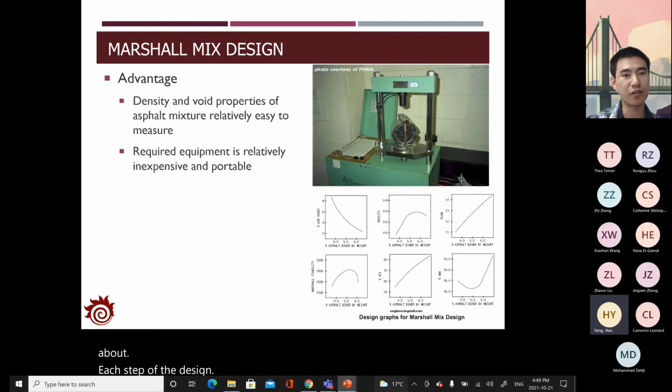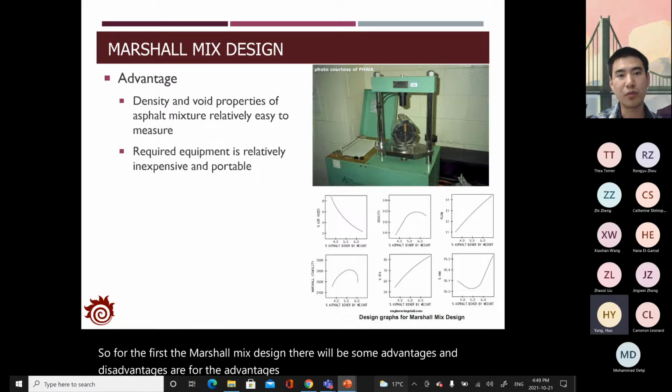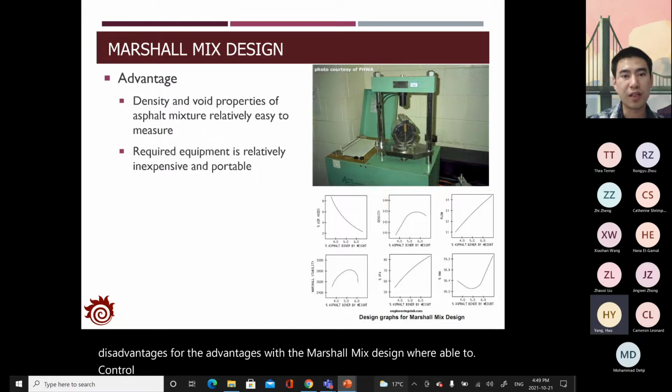So first, for the Marshall mix design, there are some advantages and disadvantages. For the advantages, with the Marshall mix design, we're able to control the density and void properties of the asphalt mixture. It's quite easy for us to find out these values.